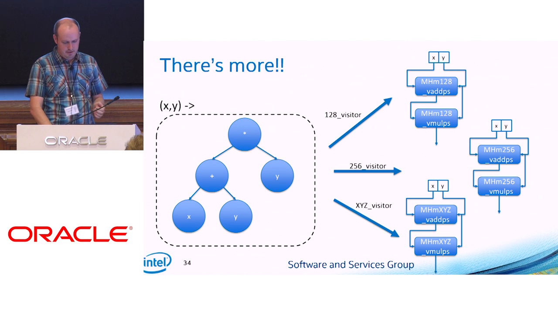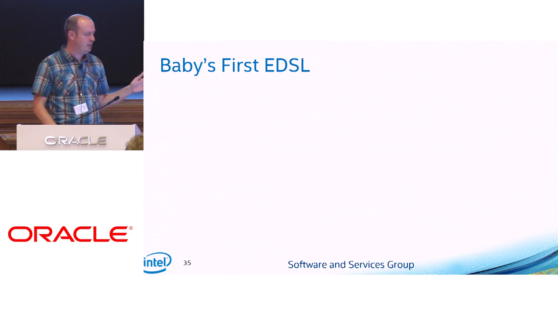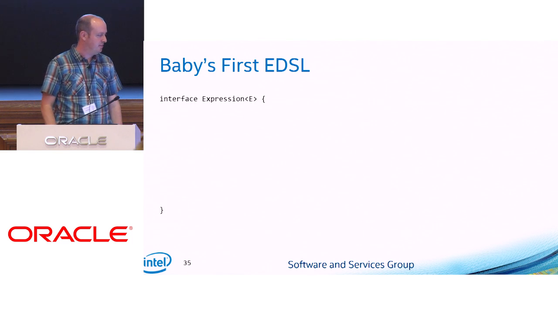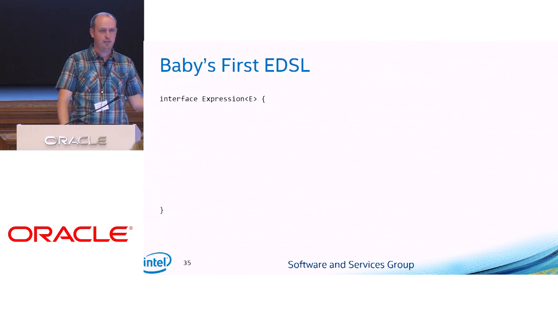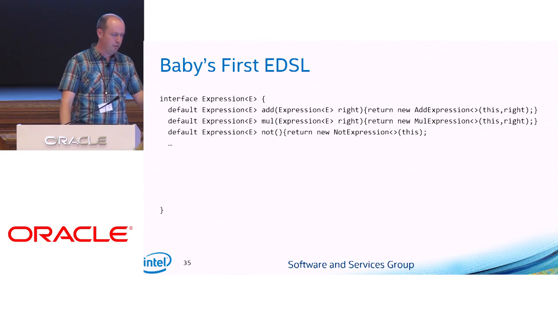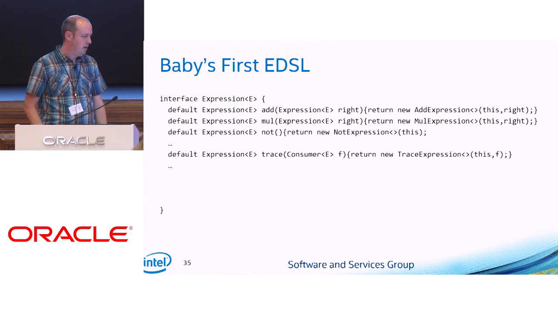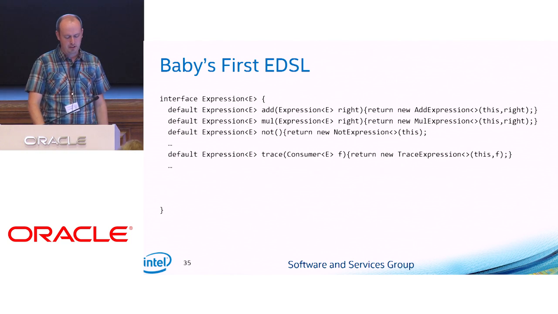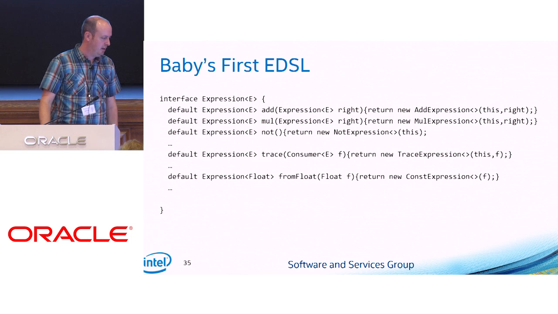Just to illustrate this a little bit, here is baby's first little EDSL, embedded domain-specific language, for this. We have an expression interface. We have add, mul, not, sort of building up a tree here. And then we have trace expression for debugging, and I'll elaborate more on why this is necessary in a second.